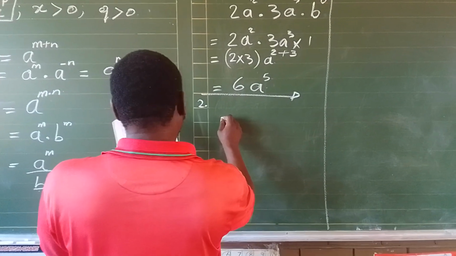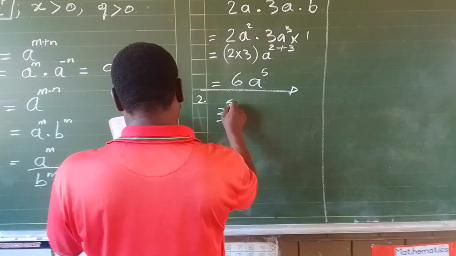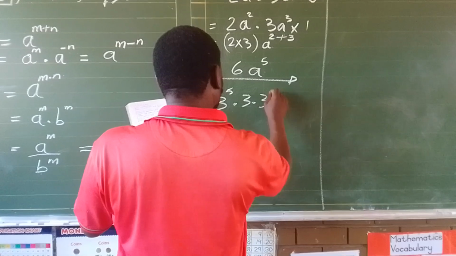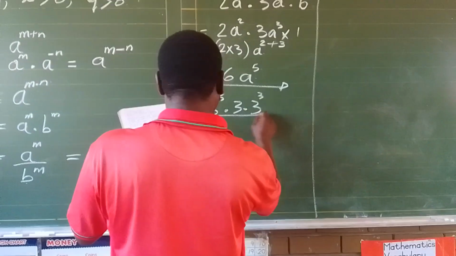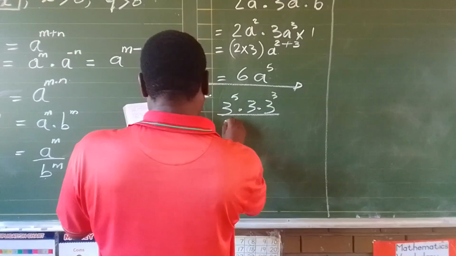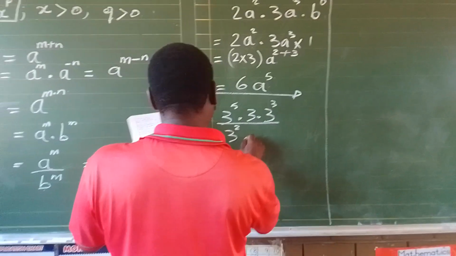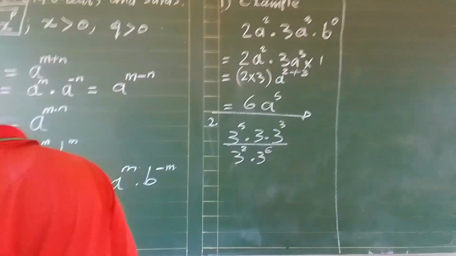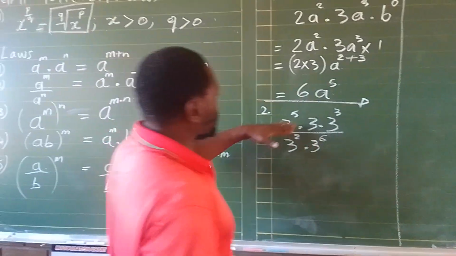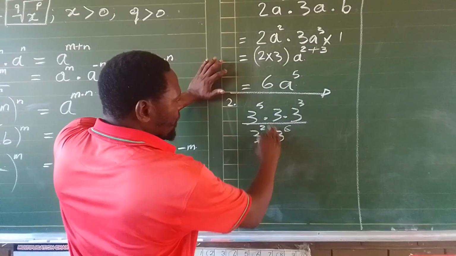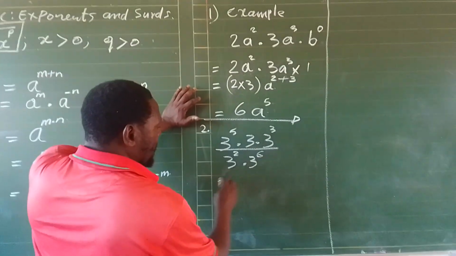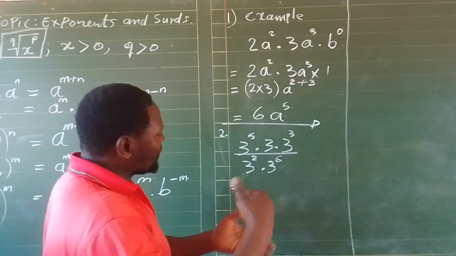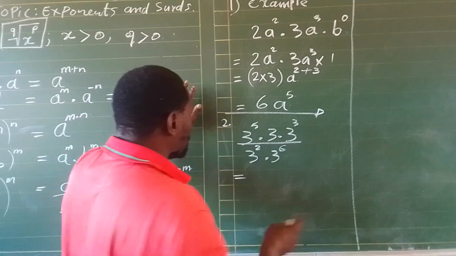Let's say you will be given 3 to the power 5 multiplied by 3 multiplied by 3 to the power 3, all divided by 3 to the power 2 multiplied by 3 to the power 6. Here you are going to introduce law number 2. We start by noting all the bases are the same, so we can play around with the exponents, to subtract and add them.